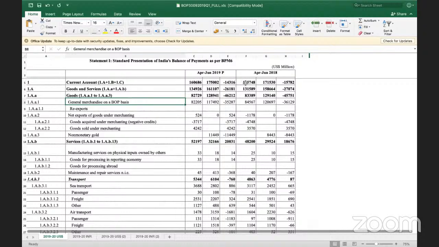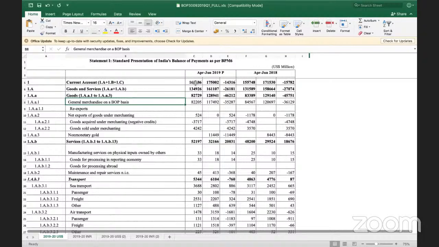Then look at this: the same thing is 1,60,686 US million dollars. You can just imagine, it is a continuous decline.